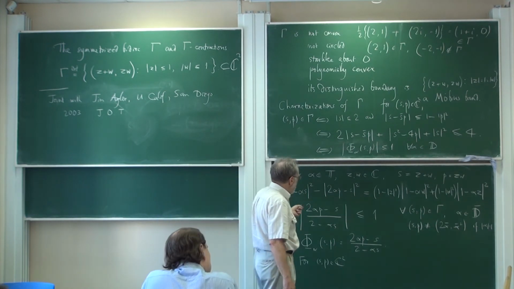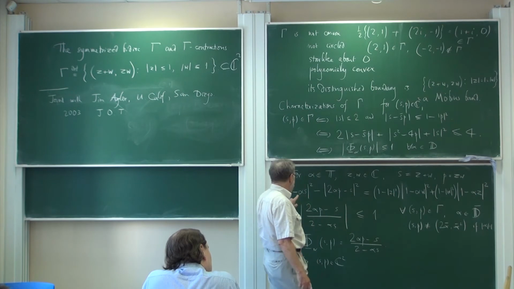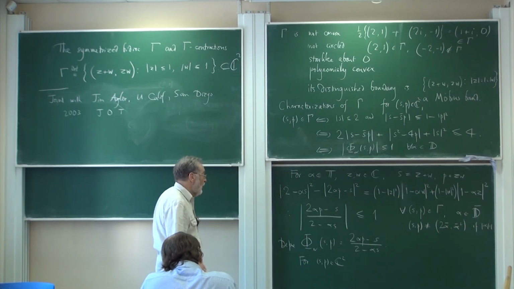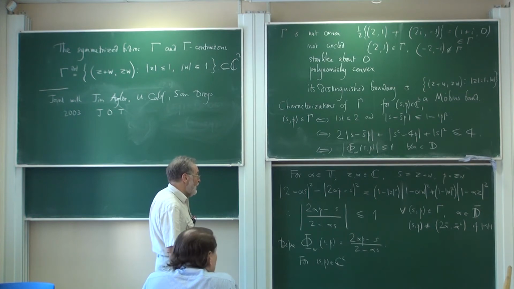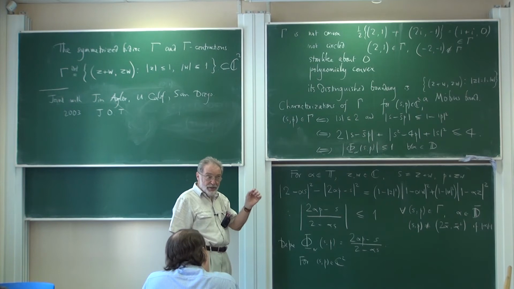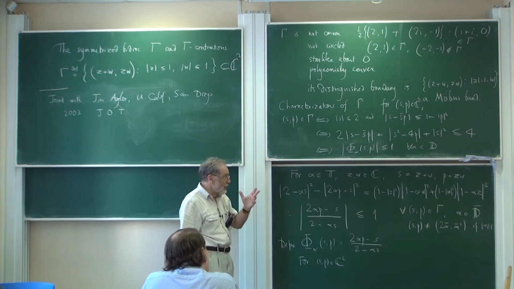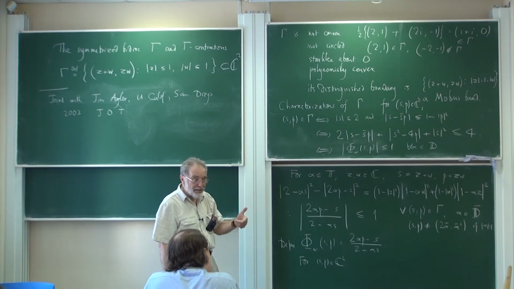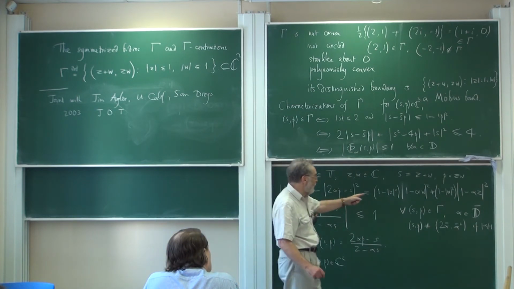Presumably you ought to be able to get it from this identity. So say you have a point which is not in gamma, then you write it as z plus w, comma zw for some z and w. The fact that it's not in gamma means that either z or w has modulus greater than 1. So say z has modulus greater than 1. Now this is negative.